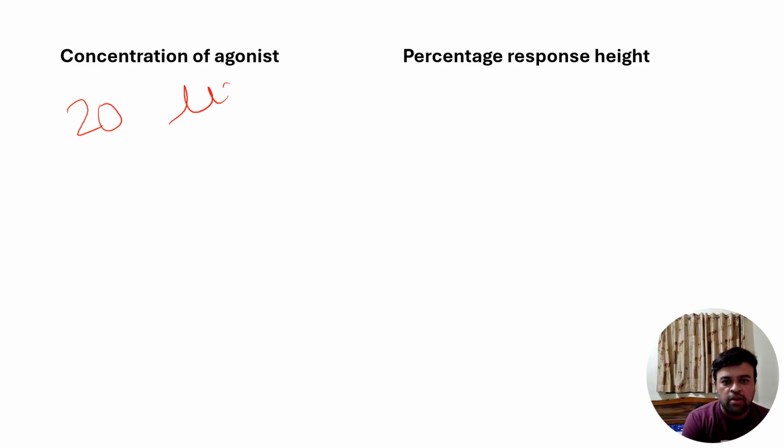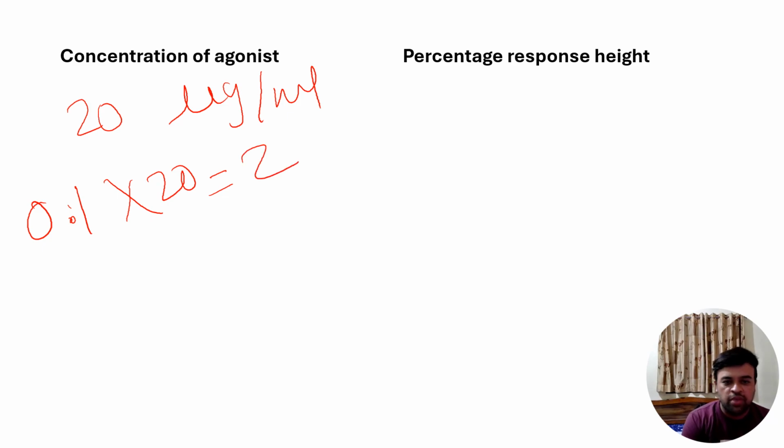So if the dose is 0.1 ml, you multiply it with 20 and you get the value 2. Likewise you have to do it for all the other doses.